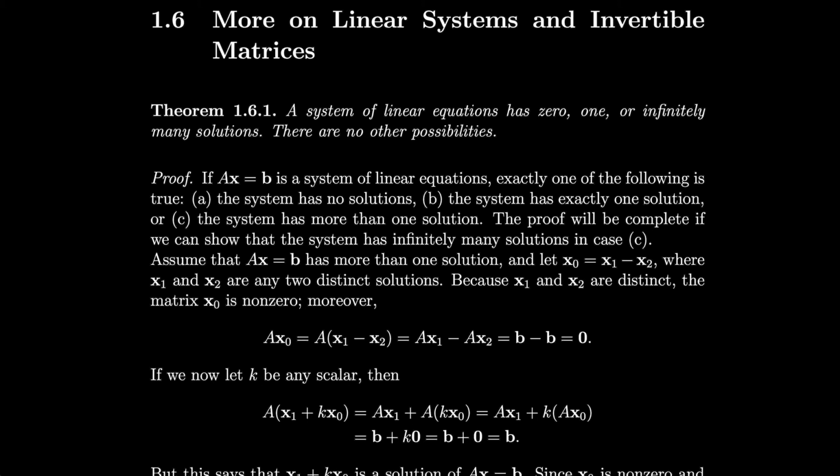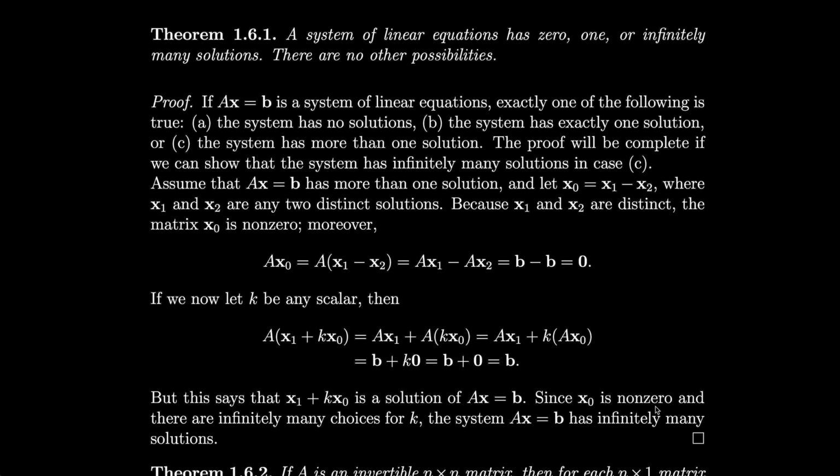Ax0, well, that's 0. We already calculated that. So that means that A(x1 plus kx0) is b plus 0, which is b. So that means that x1 plus kx0 is a solution, because we just plugged it in for x and we got b. So we just found a third solution.